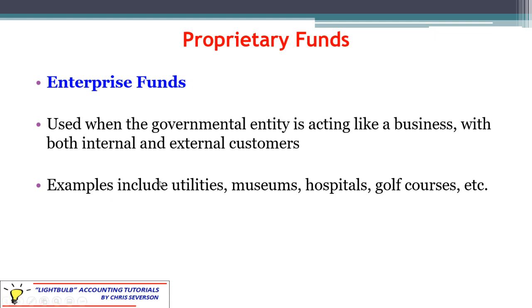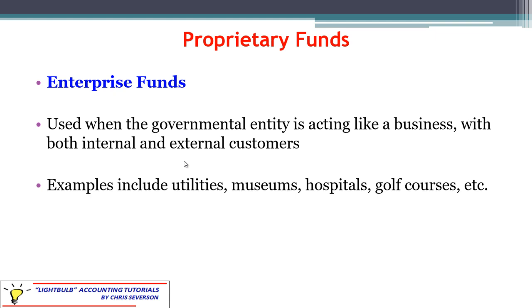Enterprise funds, on the other hand, they're still a business-type entity. It's a government acting like a business. But here you might have both internal and external customers. Utilities would probably be your classic example here. But you might see things like a museum, hospitals, golf courses. Mainly these customers would probably be external customers, with the exception of the utilities, of course.